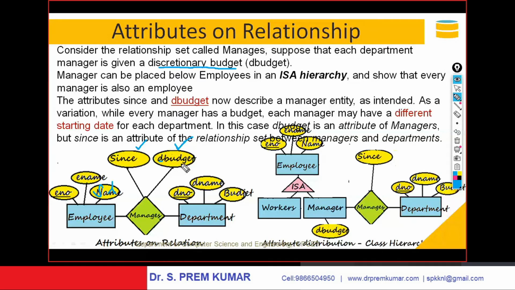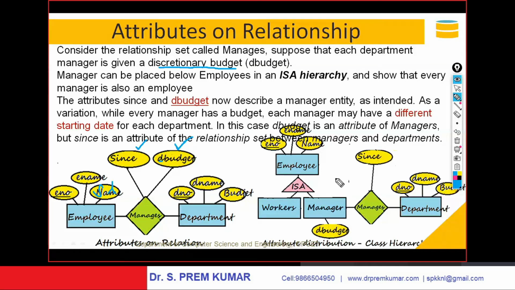Only the managers are allotted budget, but manager is an employee. The problem with this ER diagram is that all employees are given budget. That becomes the meaning of this ER diagram. No, not all employees. Manager is given the budget and manager is an employee.